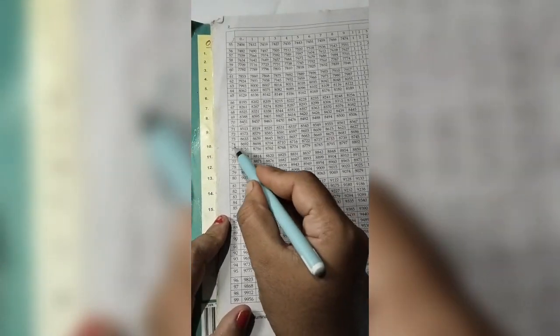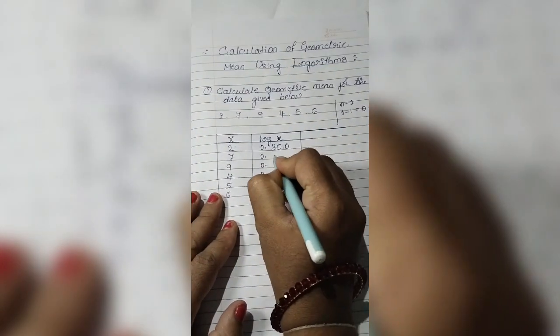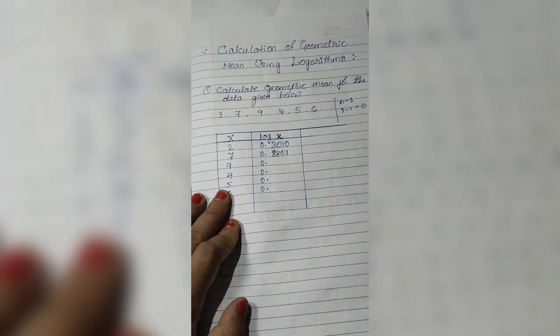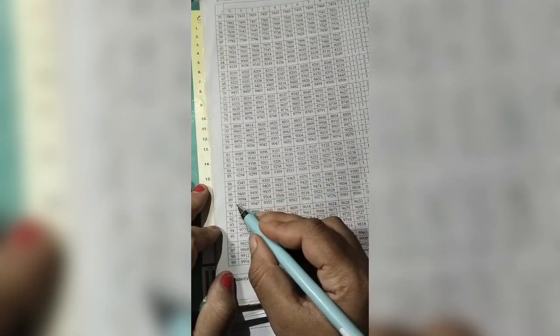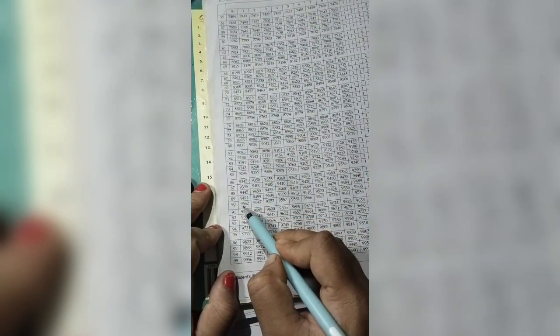Observe carefully: 70 at 0, the value is 8451. I will write 8451 here. Next, 9 means 90 at 0. Where is 90? 90 is here. 90 at 0, the value is 9542.